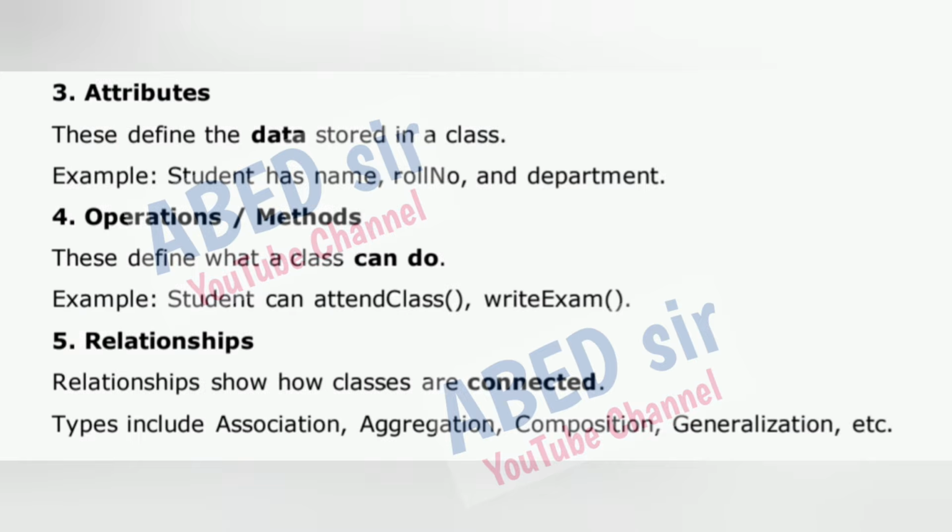Example: student has name, roll no, and department. 4. Operations, methods. These define what a class can do. Example: student can attend class, write exam. 5. Relationships. Relationships show how classes are connected. Types include association, aggregation, composition, generalization, etc.